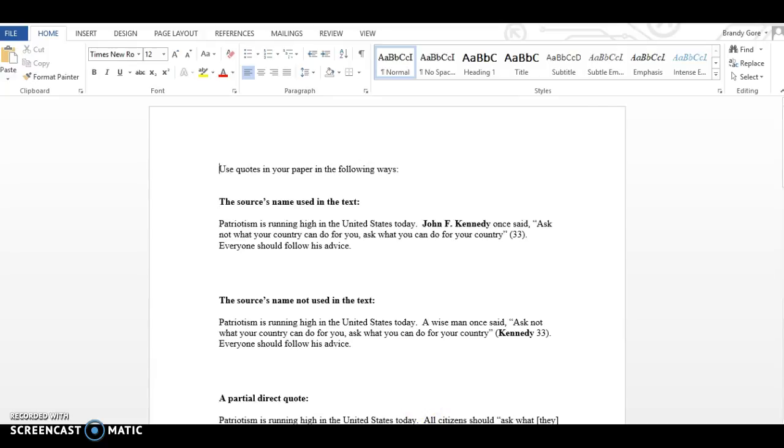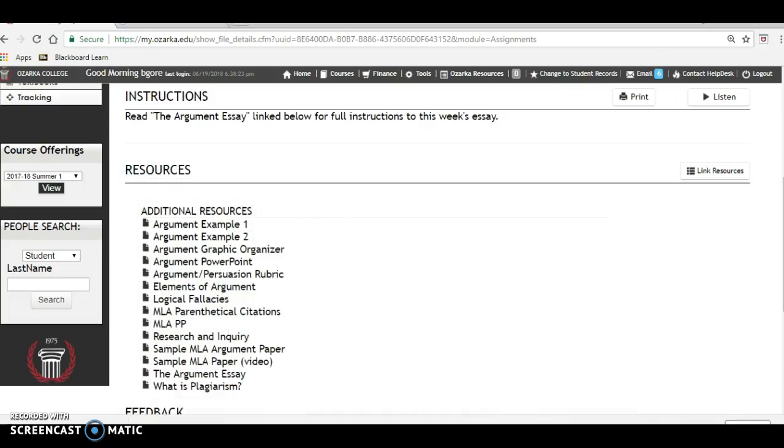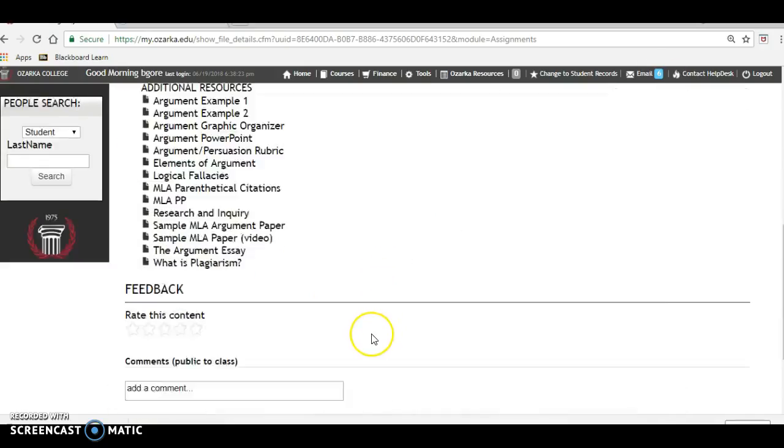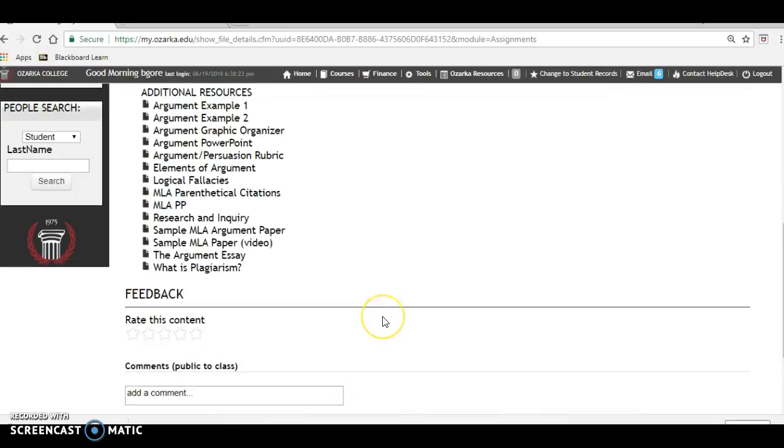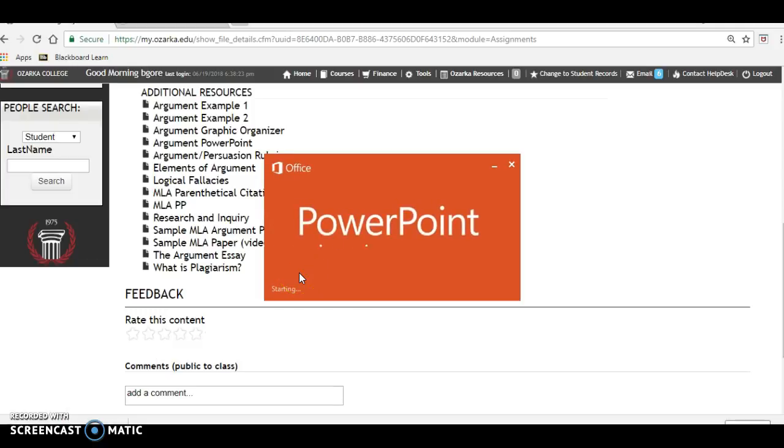document. Okay, so for those of you who need more explanation, or you want to really just to study this issue and make sure that you are not making any of these errors, take a look at the MLA PP. So that's a PowerPoint, okay? And it's a whole PowerPoint that deals with this whole issue, incorporating sources, how to go about doing that, how to cite them properly.